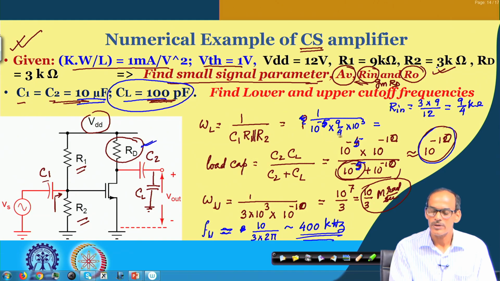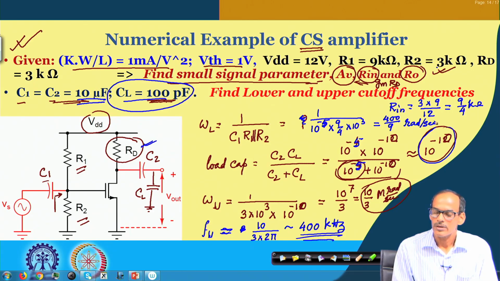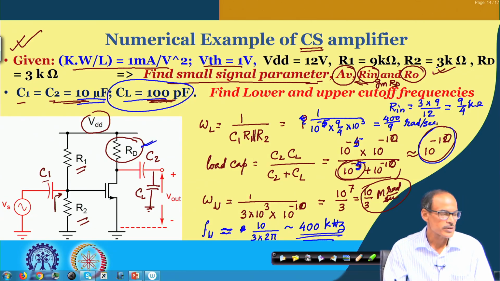So, we do have 400 divided by 9 radian per second, and so this is how much? Around whatever 40, maybe 40 less than 45.